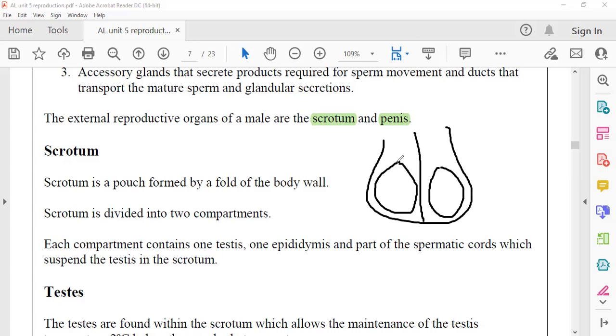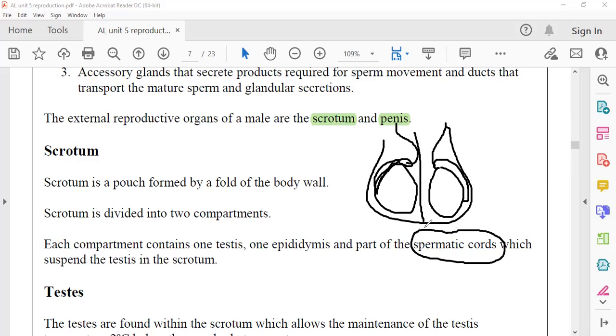And in the notes, one more thing you are told. On every testis, there will be an epididymis. From every epididymis, a vas deferens starts to go. For the vas deferens, here they are using another word called spermatic coats.